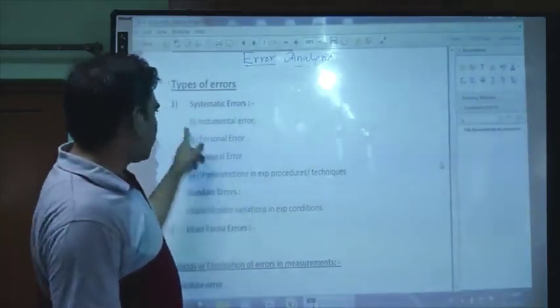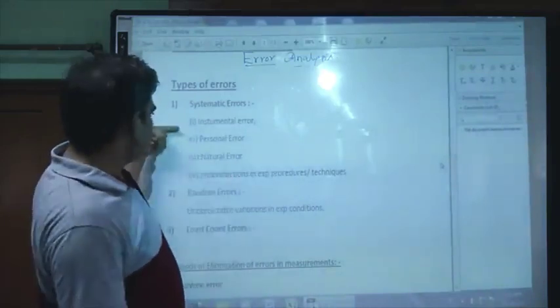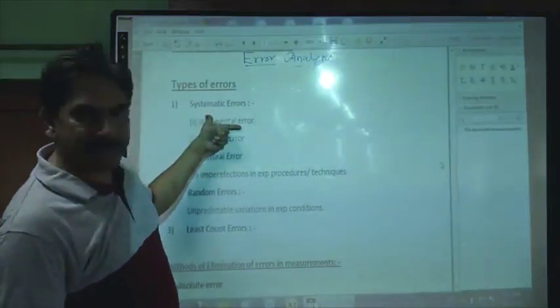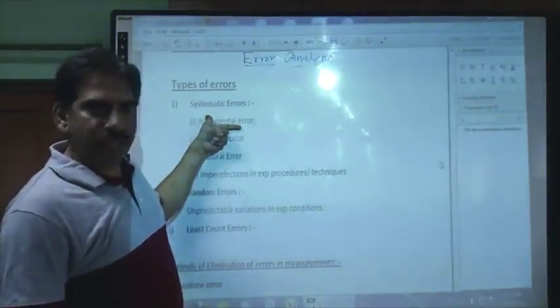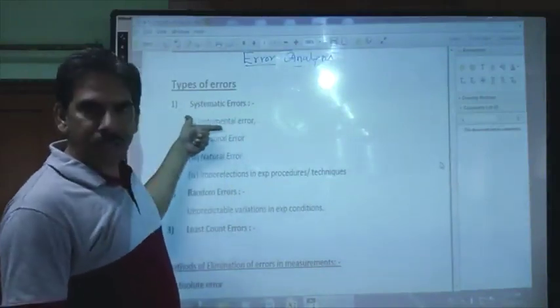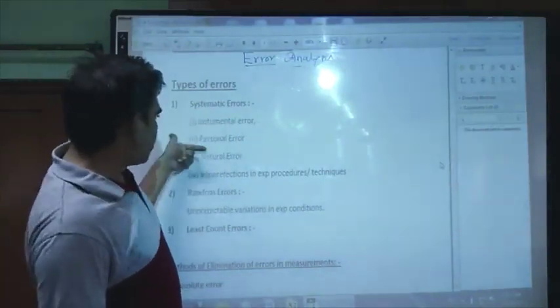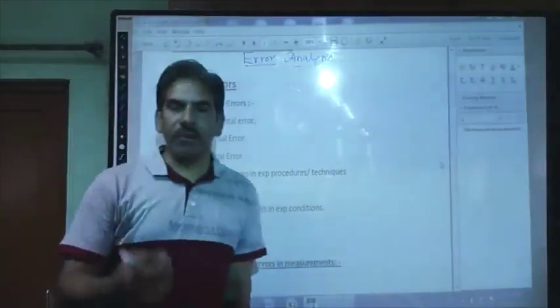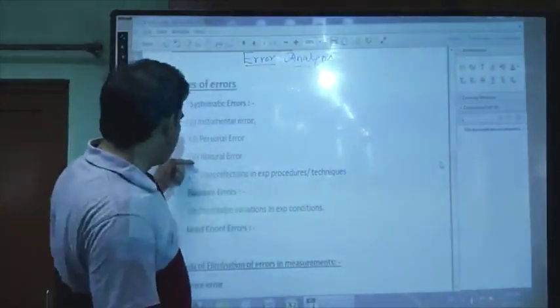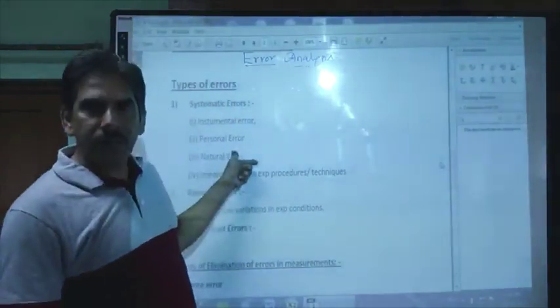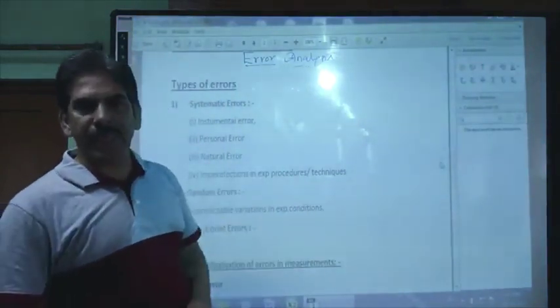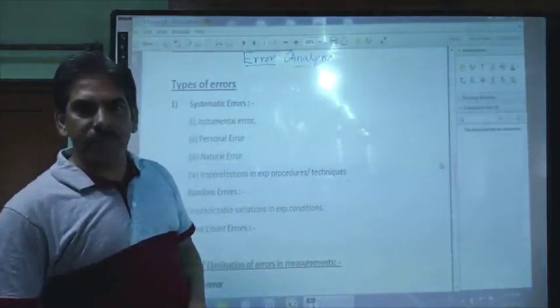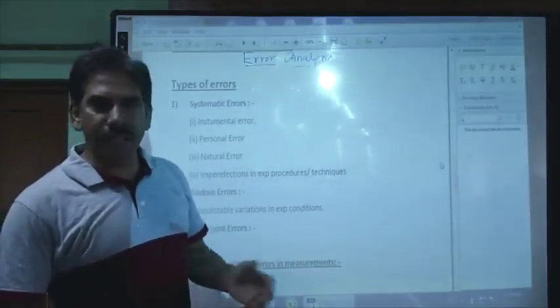So how can these be avoided? The first one, instrumental error, happening due to a fault in the instrument, then we have to use a more accurate instrument, right? Personal error can be avoided by using the correct method to measure the value. Third one is the natural error: maintain the physical conditions as far as possible, like temperature and pressure.